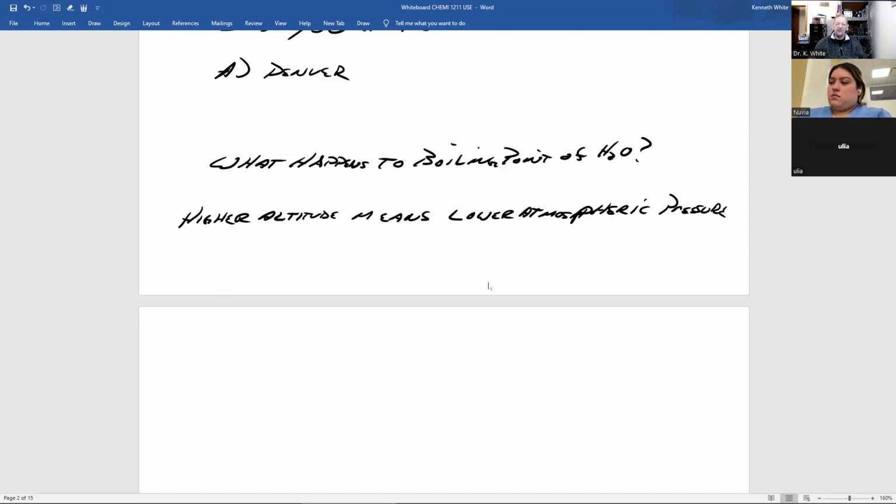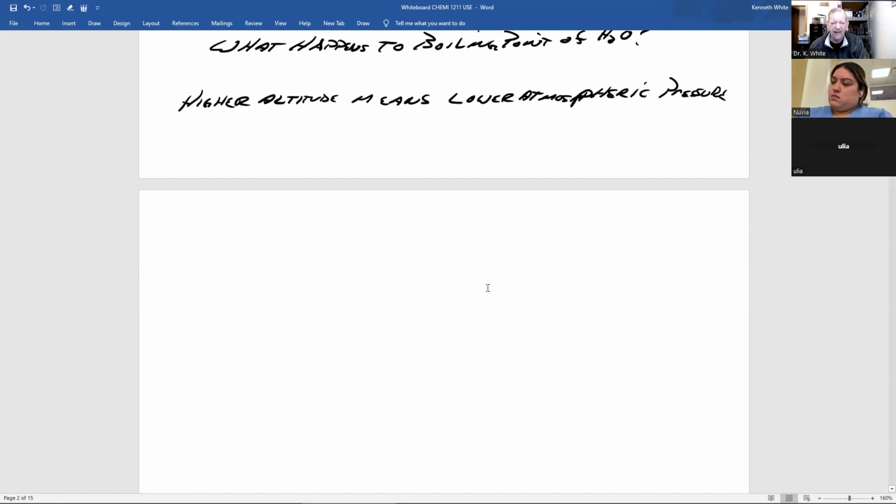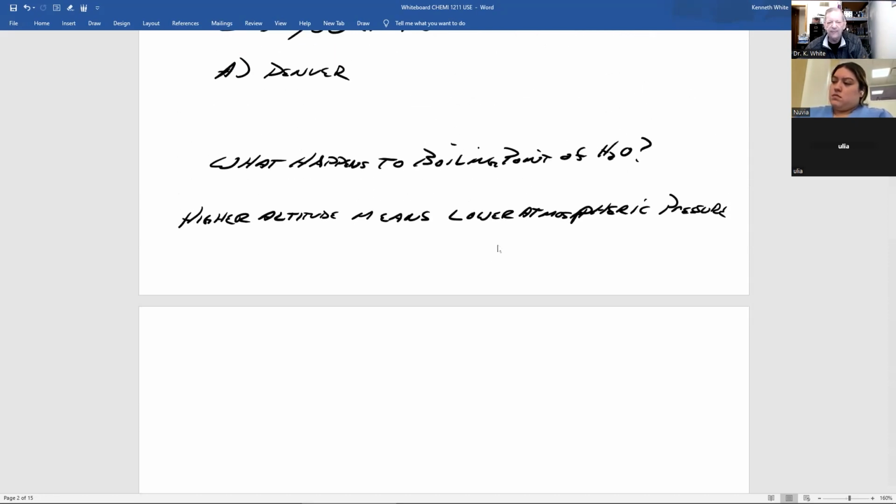Since the atmospheric pressure is lower, you need less energy to get the equilibrium, the vapor pressure of water to equal the atmospheric pressure. And therefore, you should know in Denver, the boiling point is lower. Let's see if I can find out exactly how much lower.